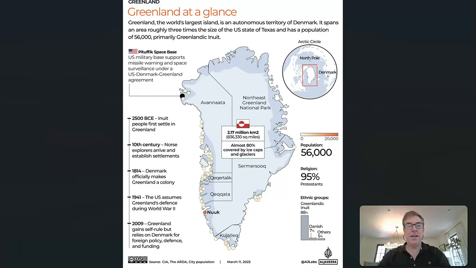So it got me thinking about, let's look at Greenland and see where people live. And there's only 56,000 people that live in Greenland, and they live mainly on the coast. And you can see it's mainly on the southwest coast and the southern coast of Greenland.